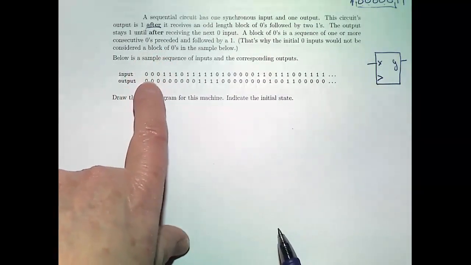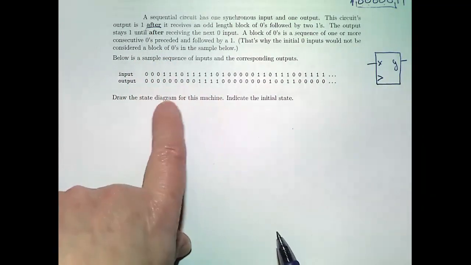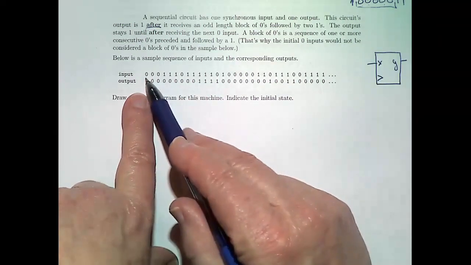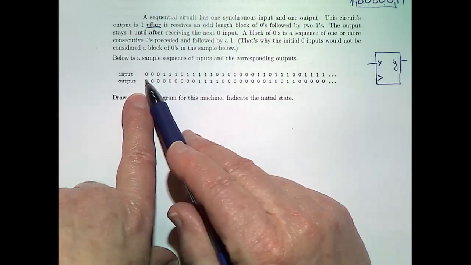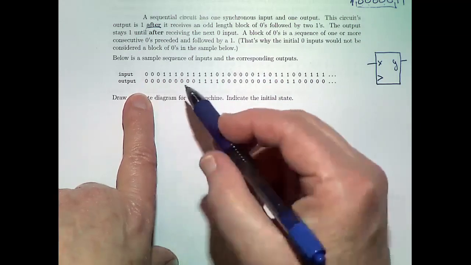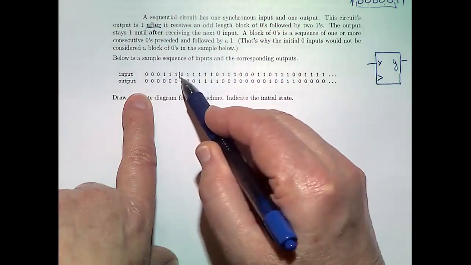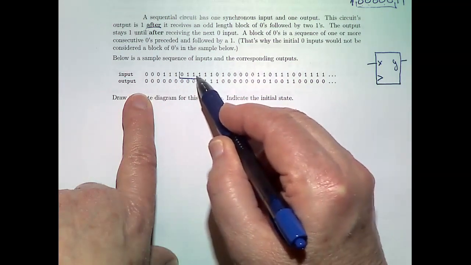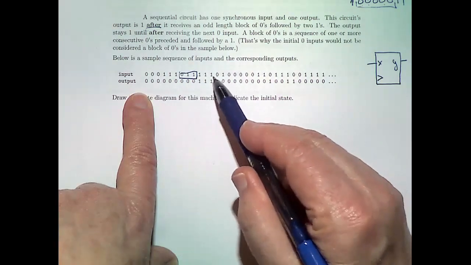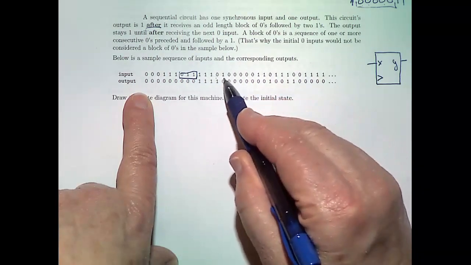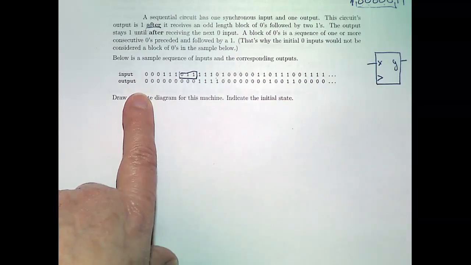Okay, so let's look at the sample input here. This is 3 zeros and 2 ones, but there's no 1 in front, so this doesn't count. Here's another odd length block, and it has 2 ones after it. Here's another one, but it only has one 1, so that didn't meet it.